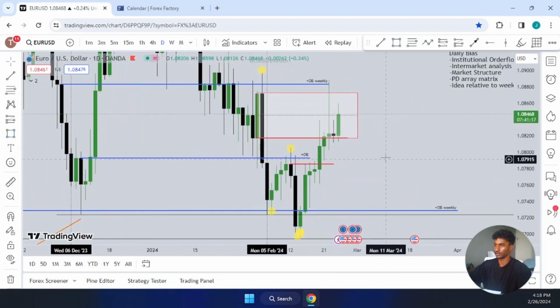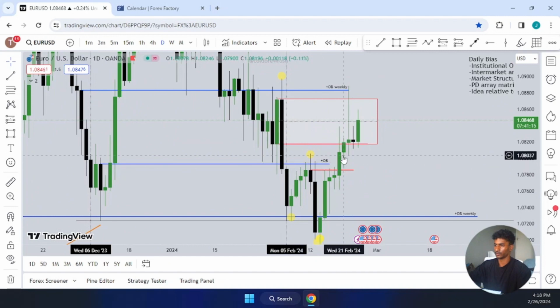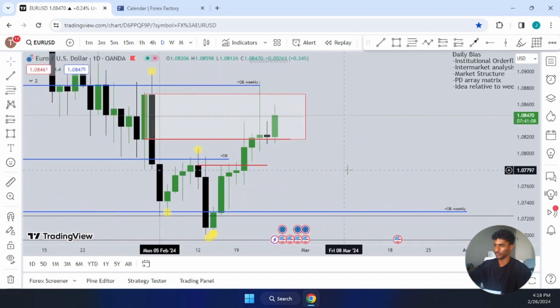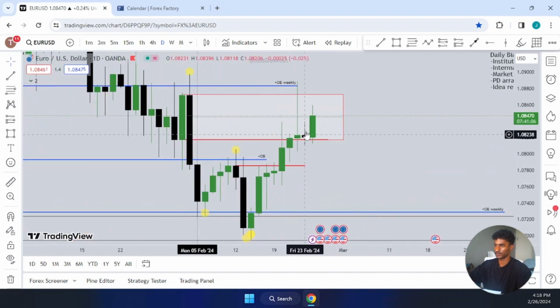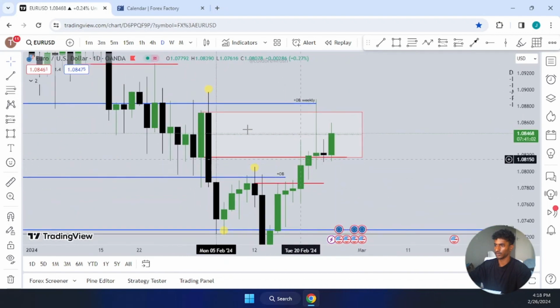So right now, looking here, after this candle closed on Tuesday, from Wednesday we saw price trading away from this order block and more into this order block on this side.